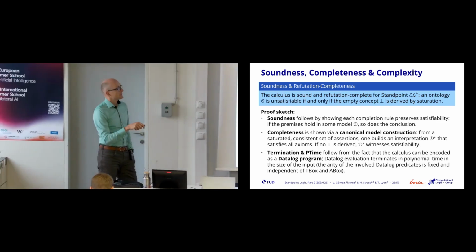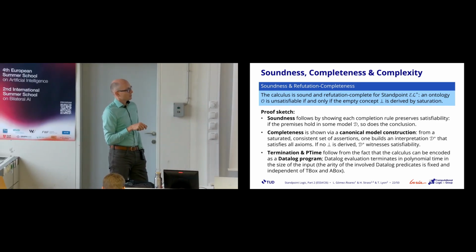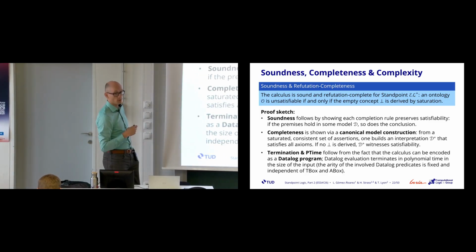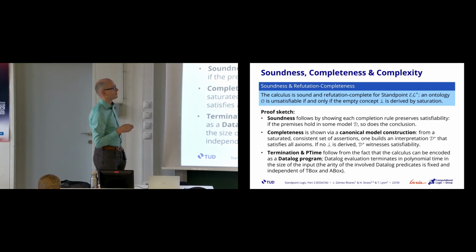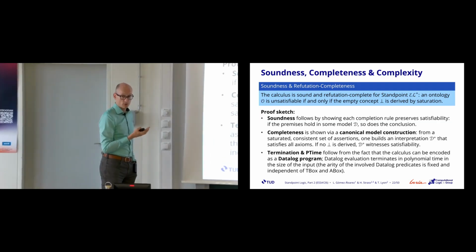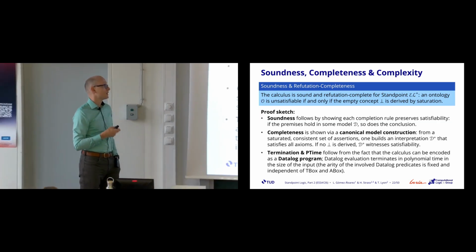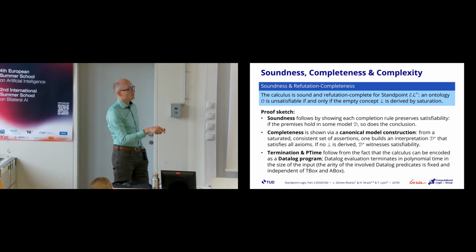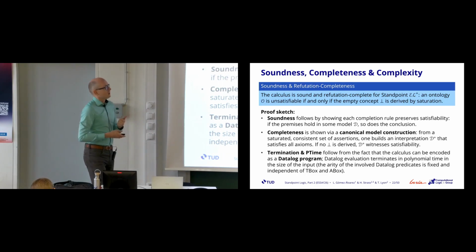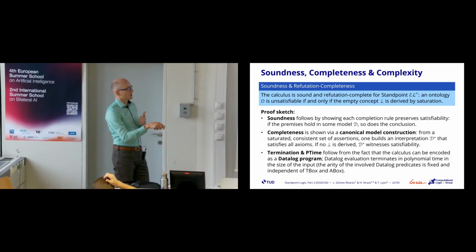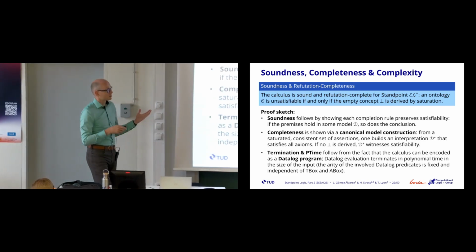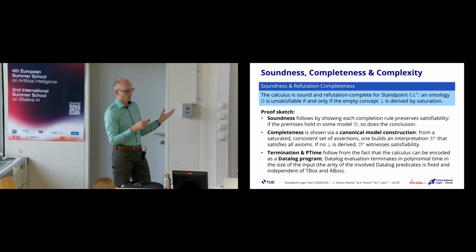So we show if the algorithm ends up with a knowledge base where no further rules are applicable, which is saturated, but it is also consistent in the sense of there being no obvious contradiction contained within the knowledge base, then we can use the information we have in the saturated set and the fact that it is saturated to build one interpretation that satisfies all the axioms, so all the assertions inside the knowledge base.